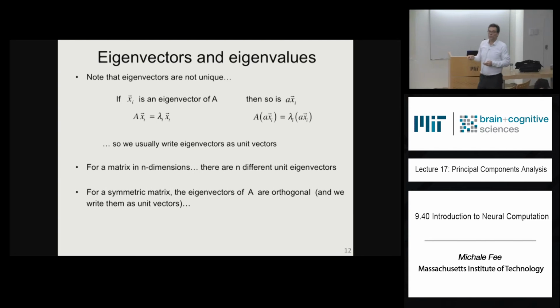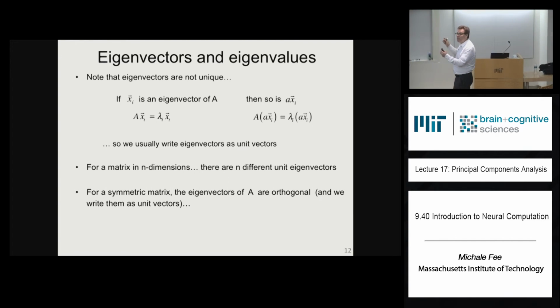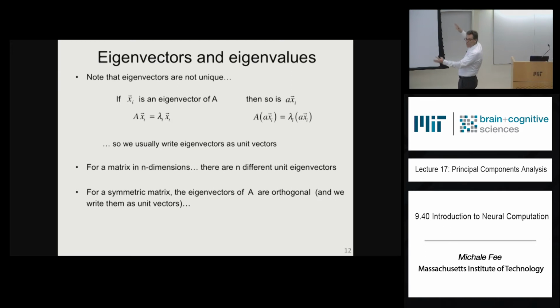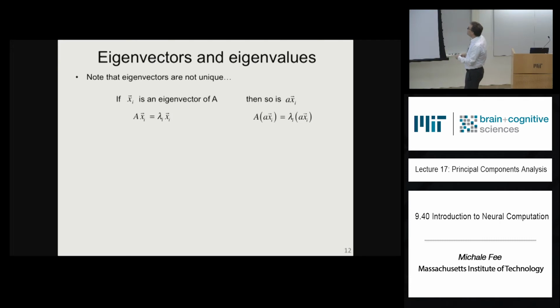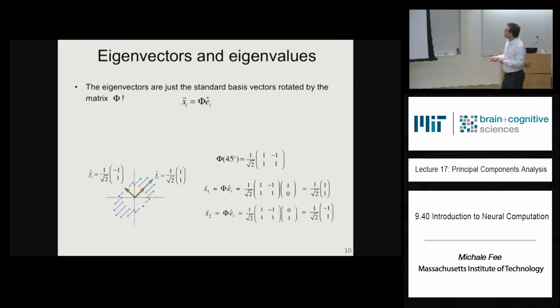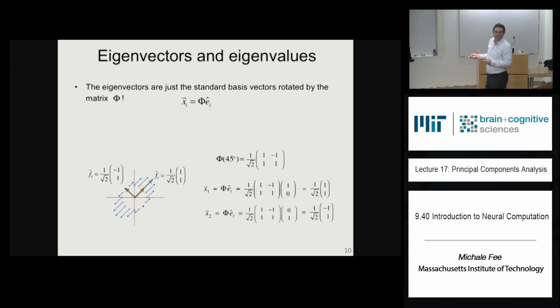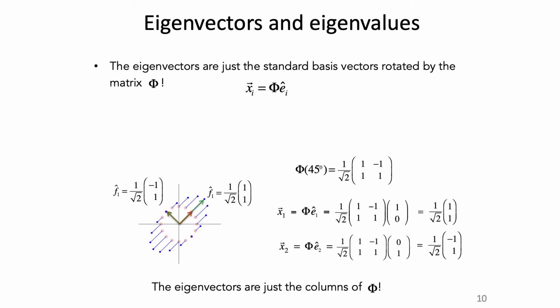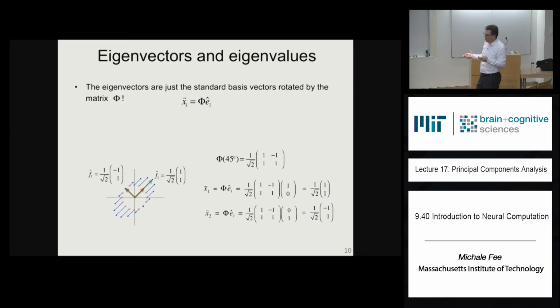So for a two-dimensional 2 by 2 matrix that produces a stretch in this direction, there are two unit eigenvectors, one in this direction and one in that direction.